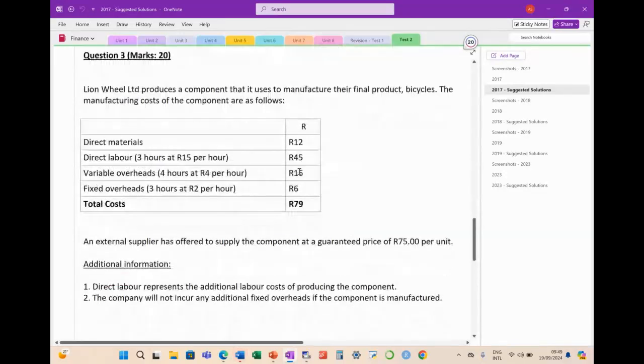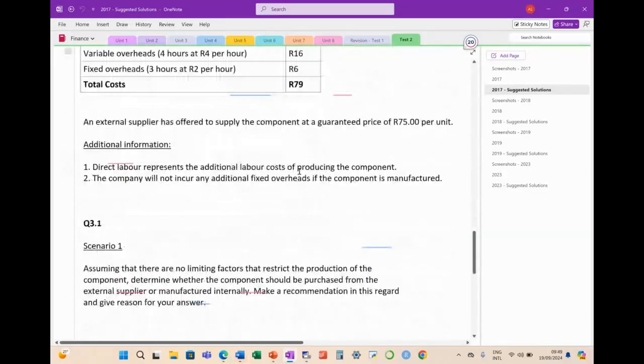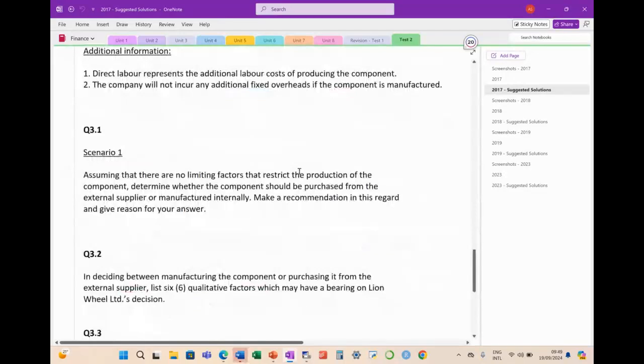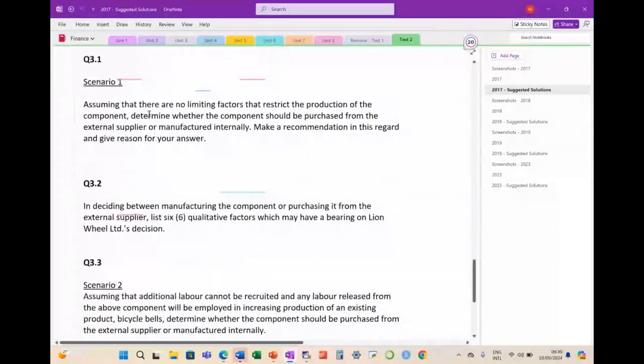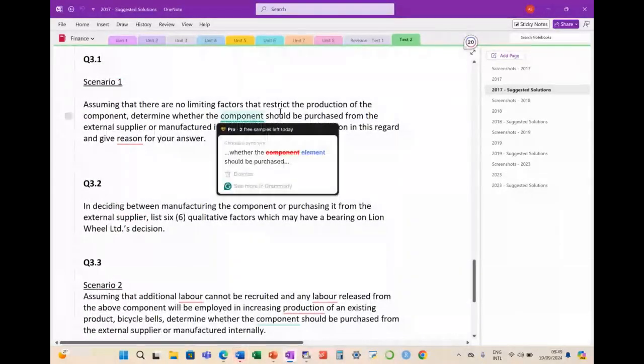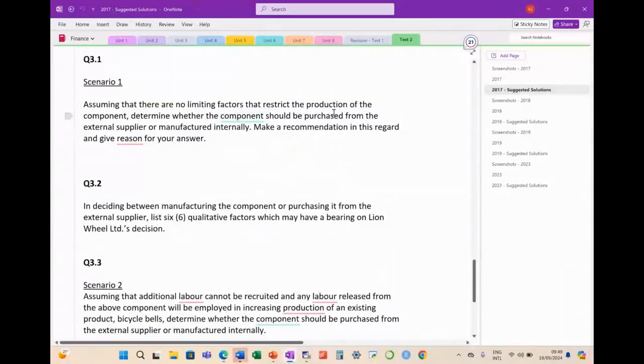Question 3, assuming that there are no limiting factors that restrict the production of the component, determine whether the component should be purchased from the external supplier or manufactured internally. Make a recommendation in this regard and give reasons for your answer.